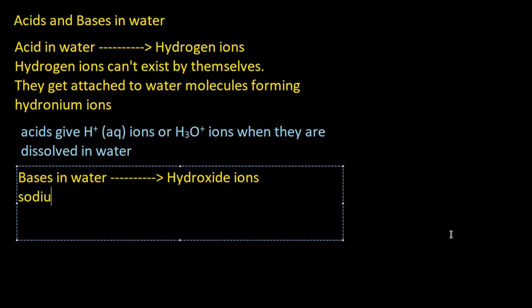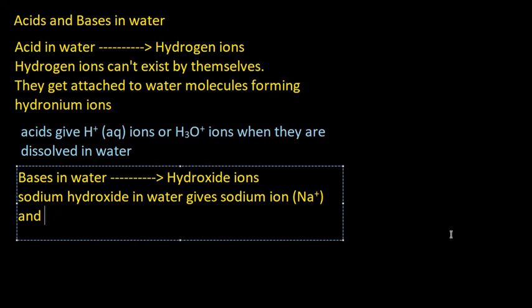Sodium hydroxide in water gives sodium ion, which is written as Na plus, and hydroxide ion, which is represented as OH minus.